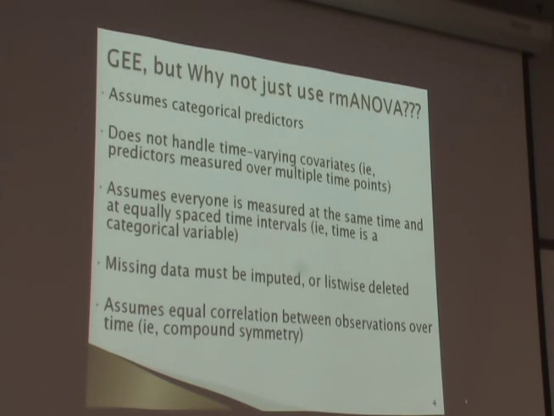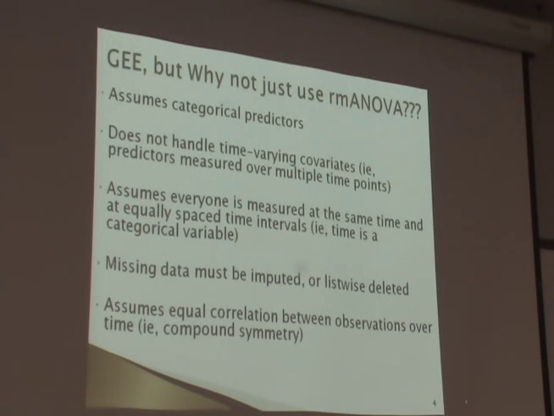So say you had a longitudinal study and at your second year follow-up, some people are coming in at month 12, some people are coming in at month 15, some people are coming in at month 18, etc. GEE will accommodate that. And then finally, repeated measures ANOVA assumes an equal correlation between observations over time.